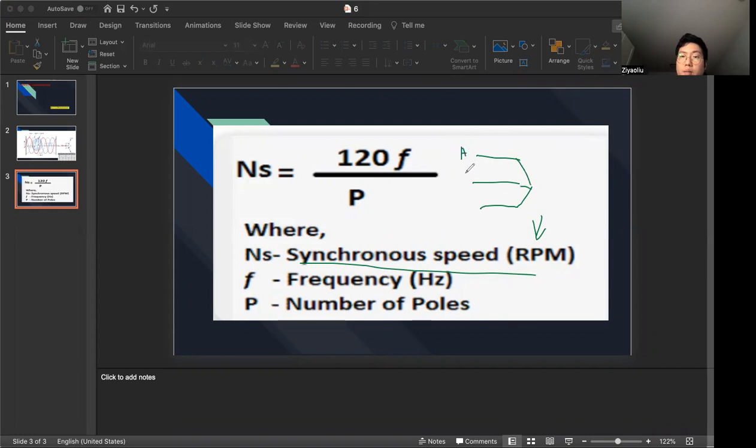There's A, B, C source coming. This is inside the magnet. This part is a rotor. And this outside, the part that doesn't move, is a stator, right?